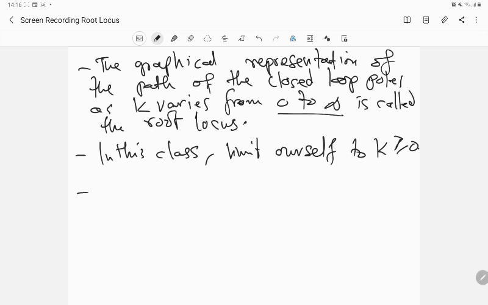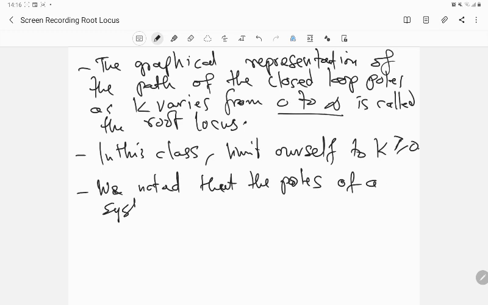Now, if you remember, in our previous lecture we noted the poles of a system, especially first and second order systems.